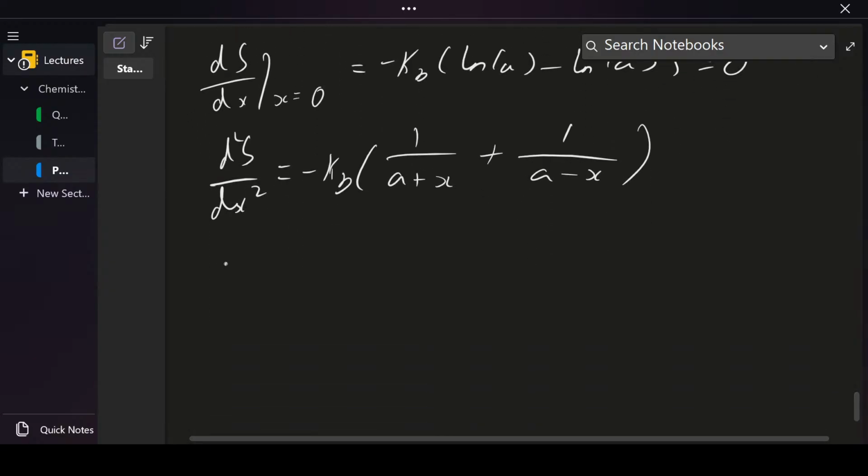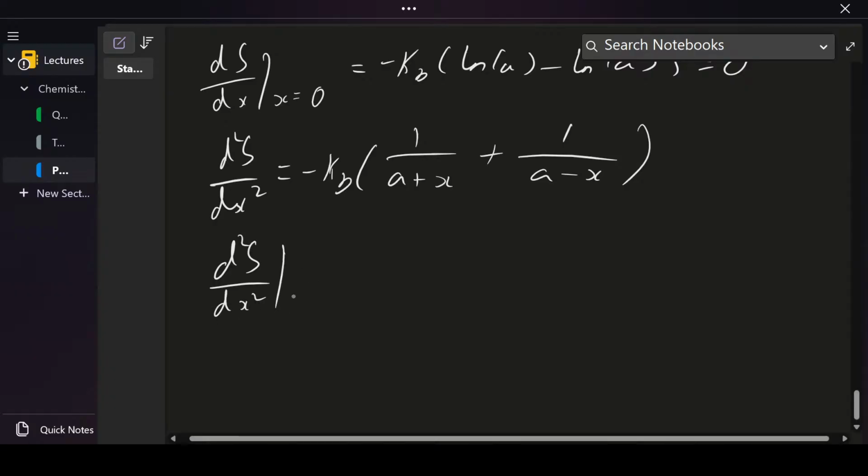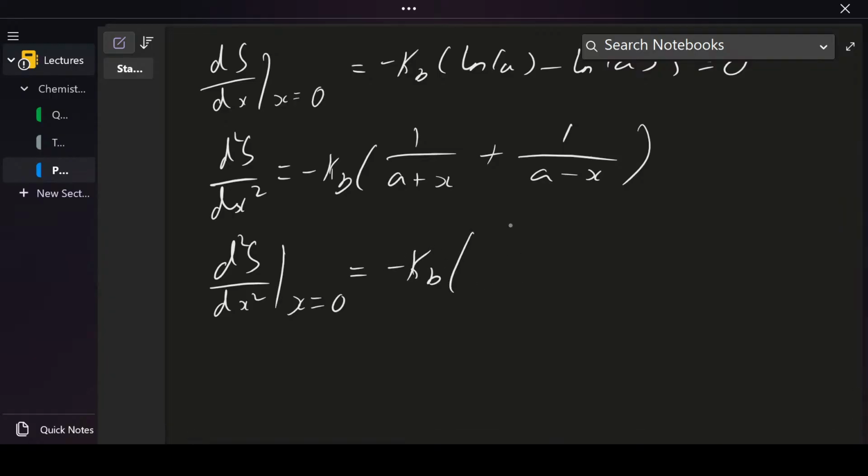So now when I evaluate this at x equals 0, I'm going to get negative kB, 1 over A, 2 over A, and so this is negative 2 kB over A. A is positive, and so this expression is going to be negative, and so at x equals 0, my system is at a maximum.